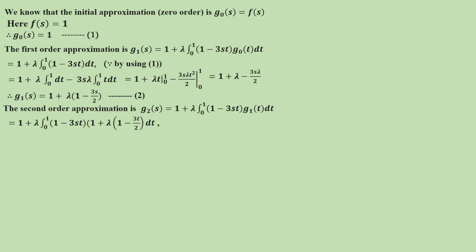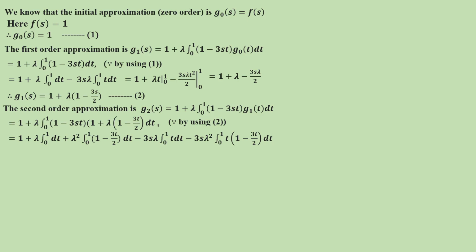So 1 plus lambda integral 0 to 1 minus 3 st into 1 plus lambda into 1 minus 3t by 2 dt. So 1 plus lambda integral 0 to 1, split into separate integrals: dt plus lambda square integral 0 to 1 minus 3t by 2 dt, minus 3s lambda integral 0 to 1 t dt, minus 3s lambda square integral 0 to 1 t into 1 minus 3t by 2 dt.